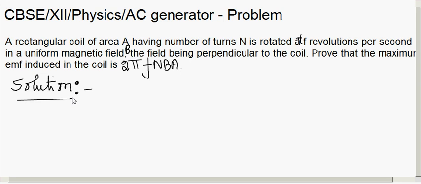So if the coil is rotated with an angular velocity omega, then we know the flux linking the coil is given by, or you can write, let the coil rotate by an angle theta with the magnetic field in time t.